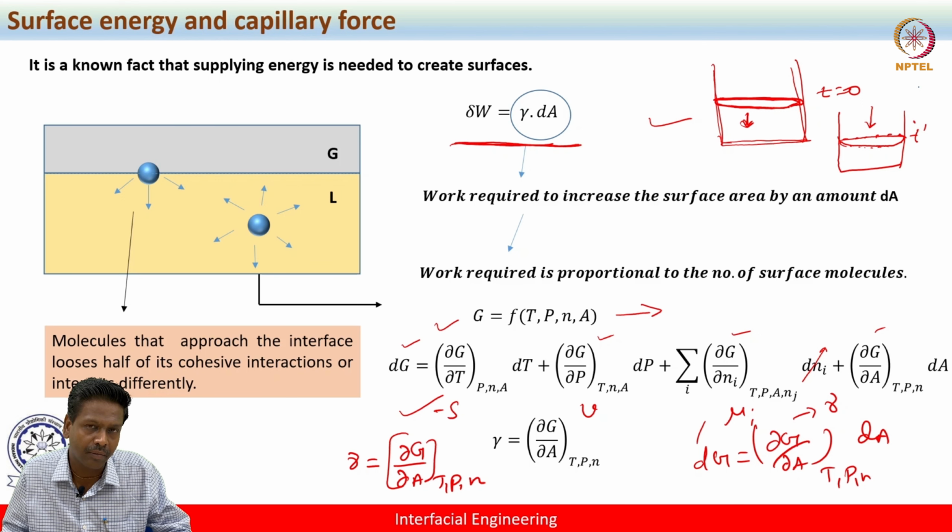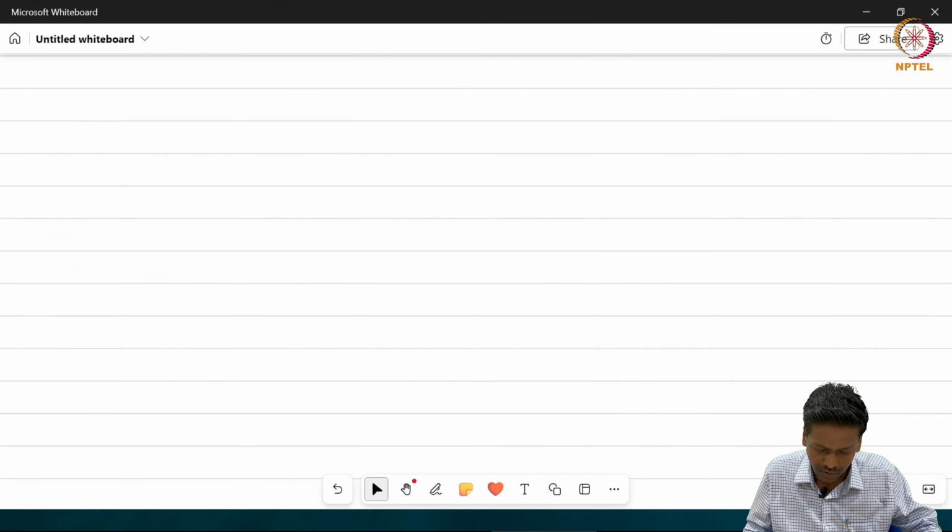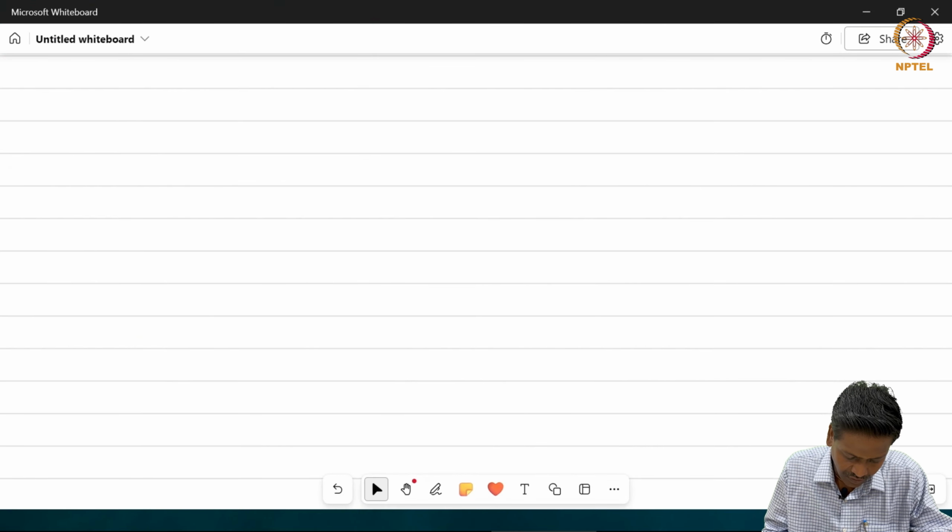By using the combined first and second law, can we get the relationship for surface tension with Gibbs free energy? It should be the same relation. Now we will look at how we can define gamma.